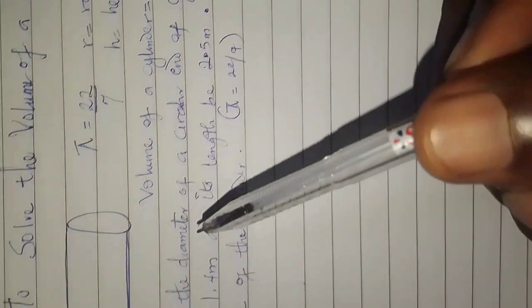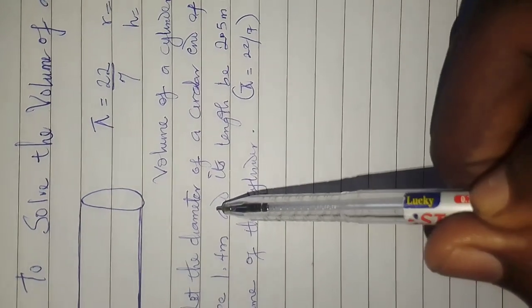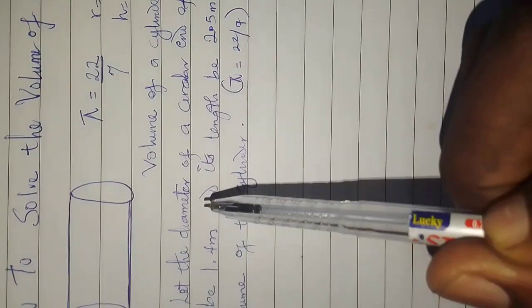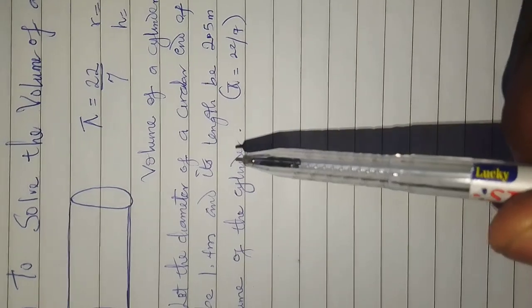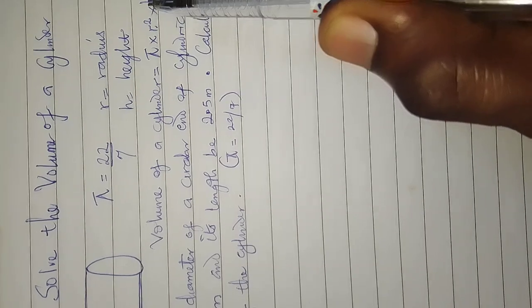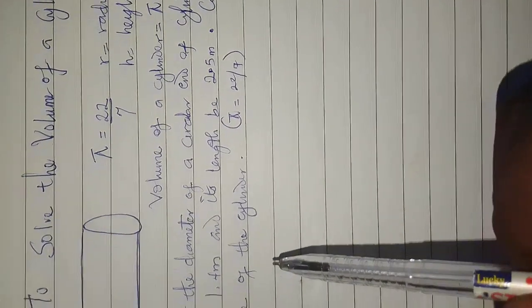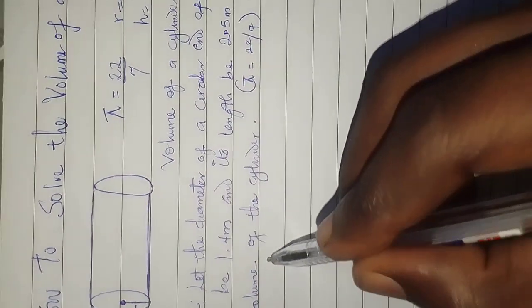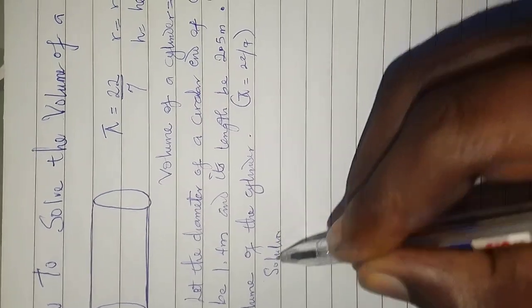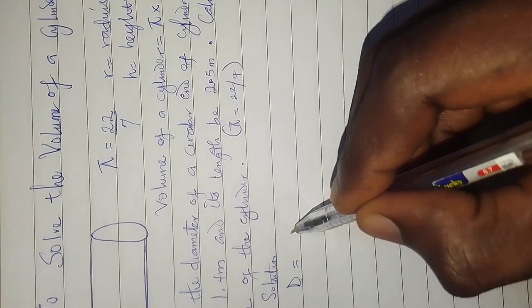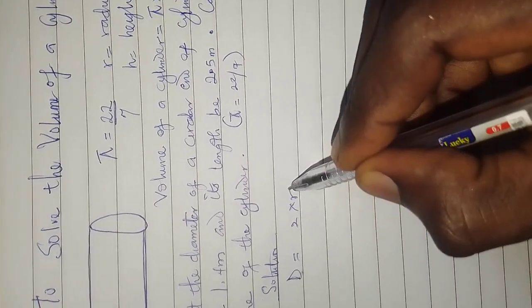But in the question we were given the diameter. Since you were given the diameter, you would have to convert the diameter into radius, so you would have the value of the radius needed for this formula. How then do you convert diameter into radius? First, diameter equals 2 multiplied by r.